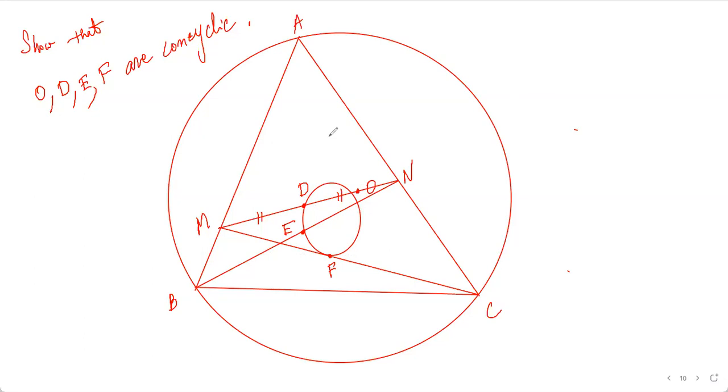My hypothesis will be that the other point where that circle is cutting MN is O dash. So that's not O, let it be O dash, and we'll finally show that O dash is equal to O.